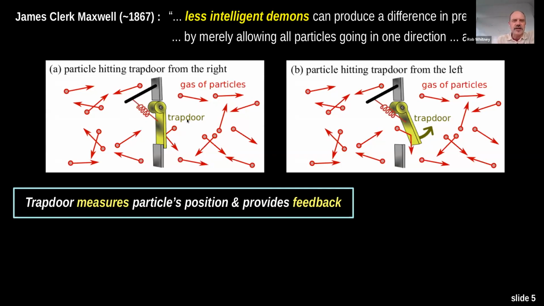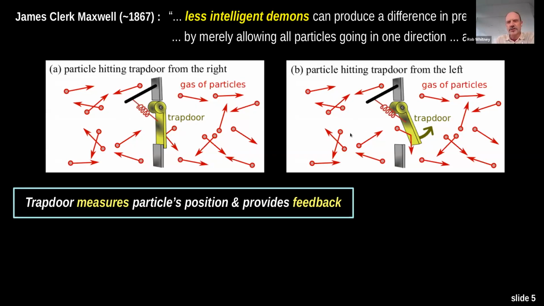So here's the trapdoor. Can you see my mouse? Yes, we can see it. Okay, good. On the left, there's this picture of the trapdoor that's closed, and a particle is hitting it coming from the right, and it's bouncing off the trapdoor.